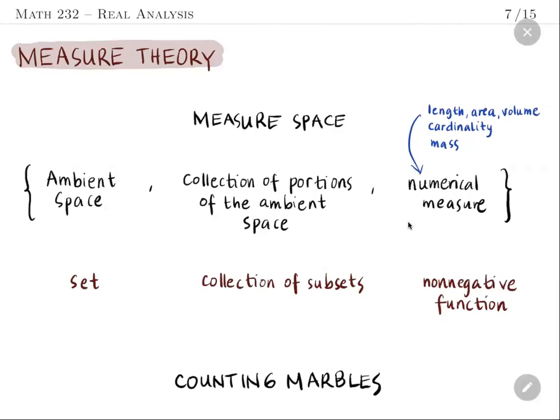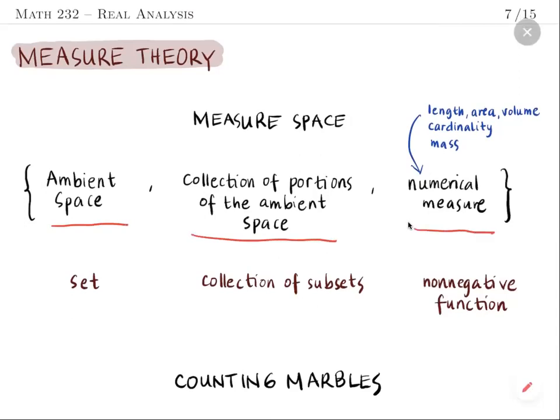So in this part of the lecture, we will discuss the concept of measure spaces. But before that, let me discuss what a measure space is in a nutshell. So a measure space consists of three parts.